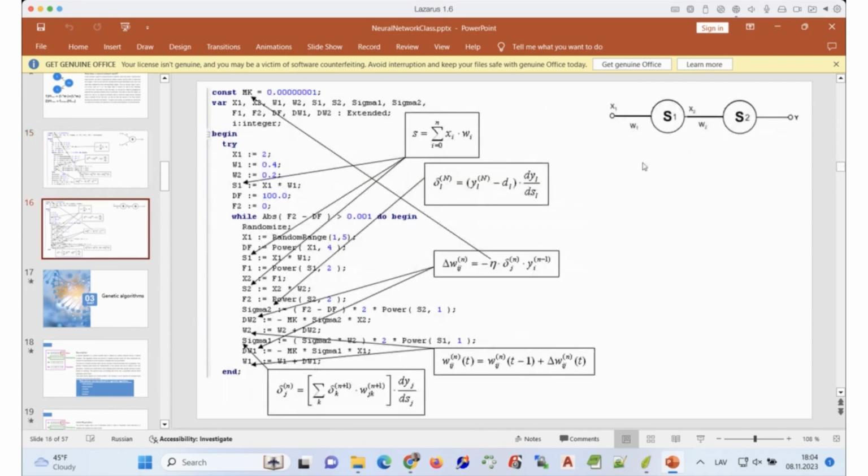Surely there is even the case of two neurons, but let's just pass this, because you won't get the method if you don't understand the derivation itself. So let's just pass this.